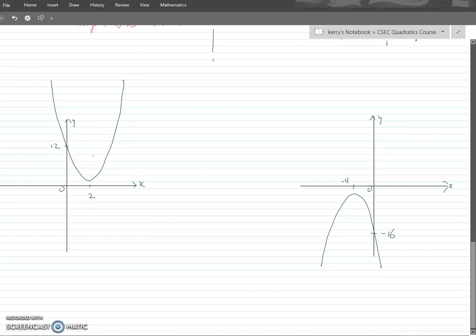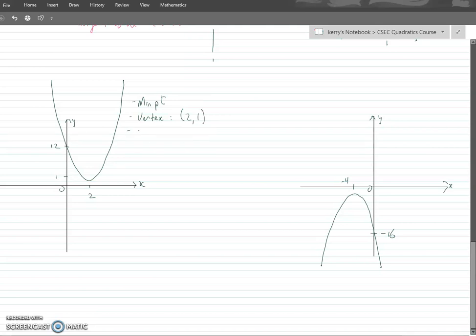And if you pause it, what you will see is that this graph has what we call no real roots. So this is a minimum point graph. The vertex, the coordinates of the vertex, so let's do this quickly because time is running out. The coordinates of the vertex are (2, 1).